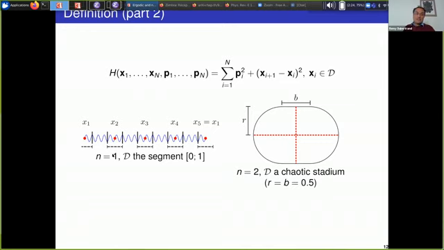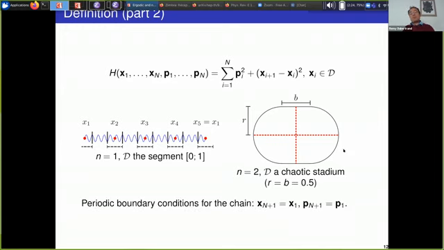This is the case when I have only a scalar quantity at each site. But of course, one could imagine something more sophisticated, where we have a two-dimensional vector at each site, whose amplitude has to obey the constraints of a chaotic stadium.